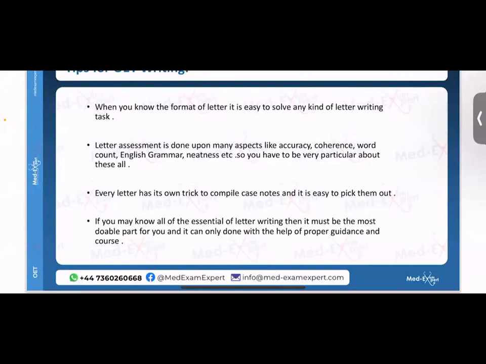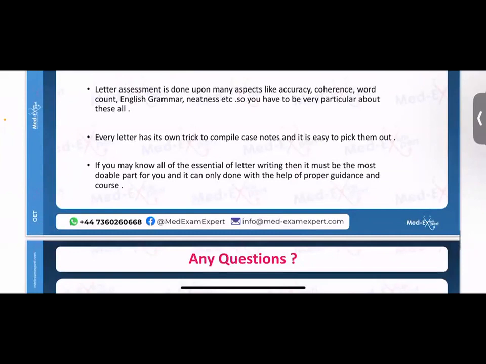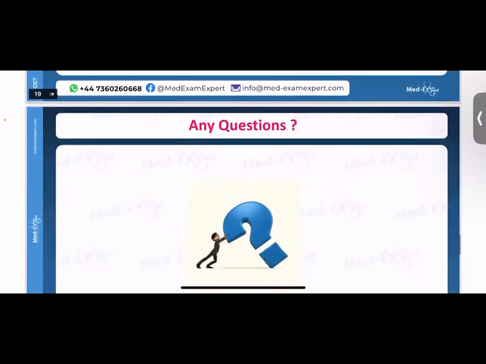There should be accuracy, coherence, word count should be in range, your English grammar should be correct, and neatness as well. Every letter has its own trick to compile case notes, and it is easy to pick them out. If you know all the essentials of letter writing, then it must be the most doable part for you, and it can only be done with the help of proper guidance and a course.